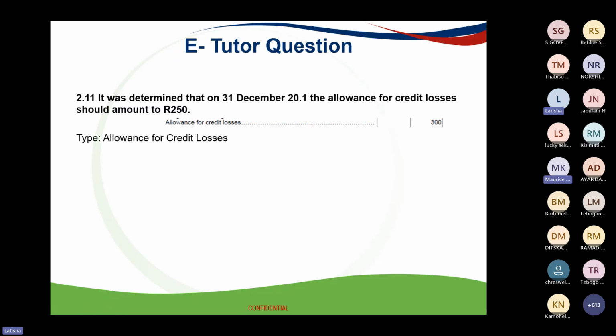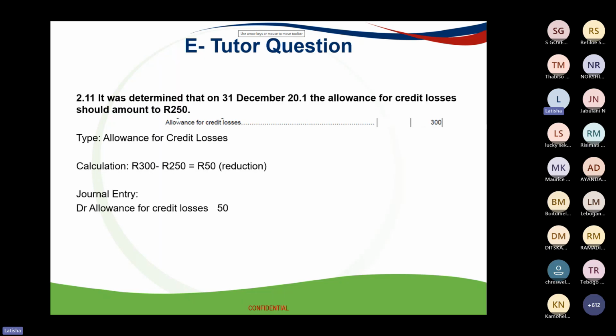So the first thing is, what is it? It's an allowance for credit loss. They've given it to us already, and it's one of the types of adjustments. How do we then do it? We have 300 that's currently in our trial balance, and we need to reduce it to 250. That means we need a calculation to say currently in the trial balance we have 300. The amount needs to be 250, so we need to make an adjustment of 50 Rand.